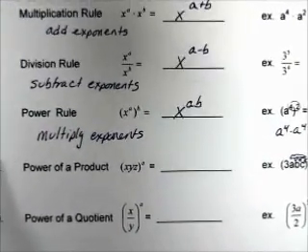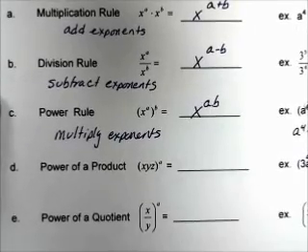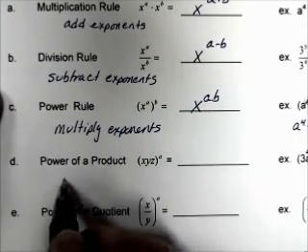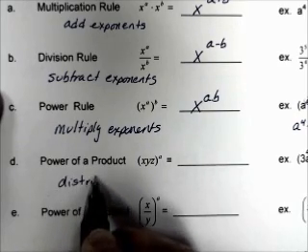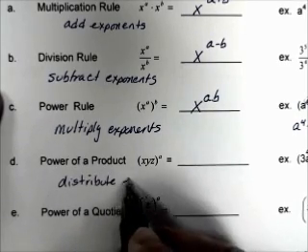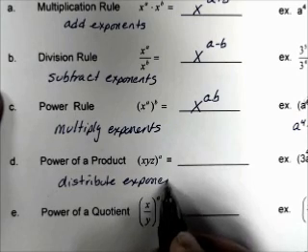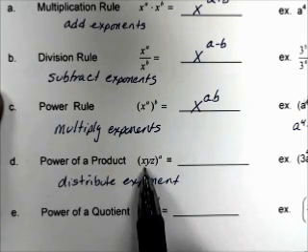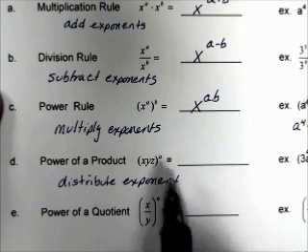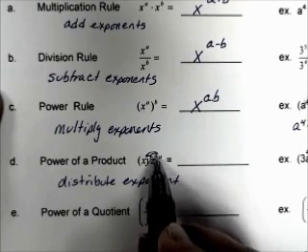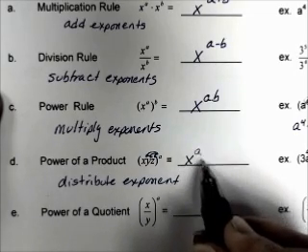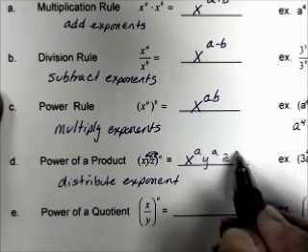So when you have a product raised to a power, or power of a product, the rule is to distribute the exponent. So the product x times y times z raised to the power a, you're distributing the exponent, and that would leave us with x to the a times y to the a times z to the a.